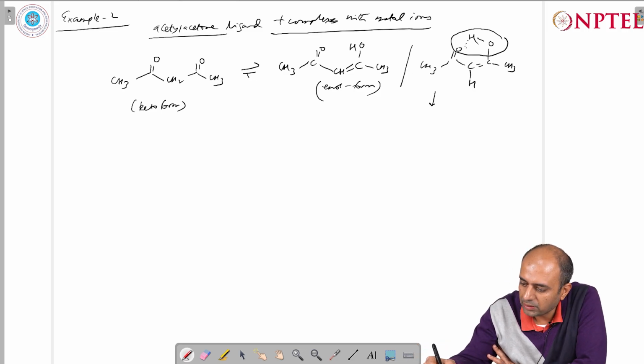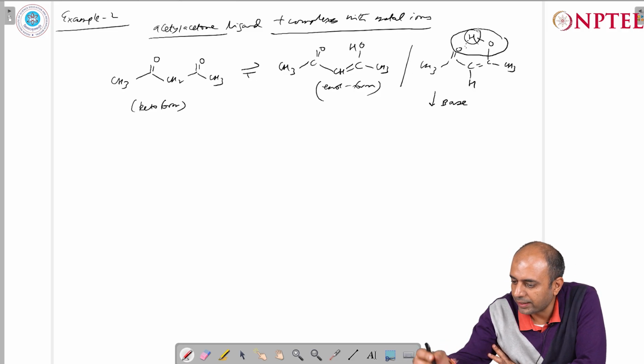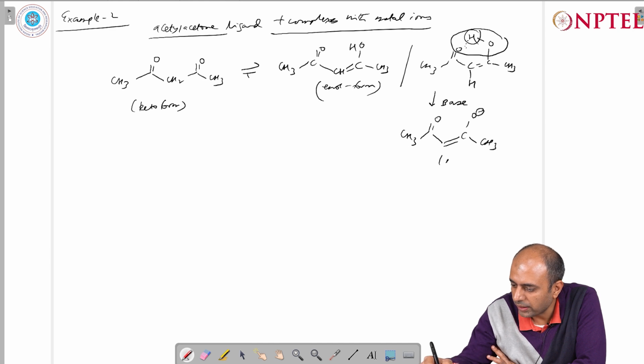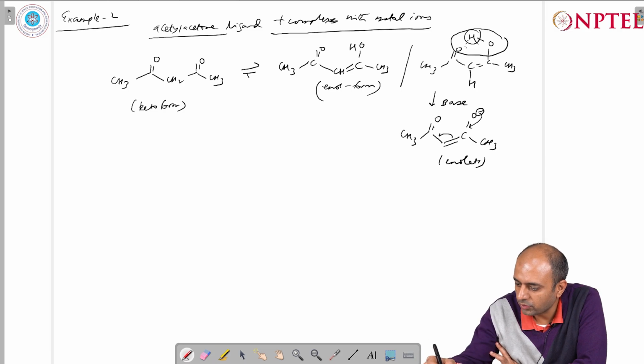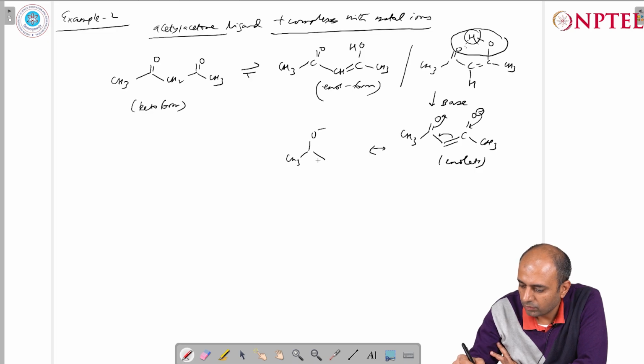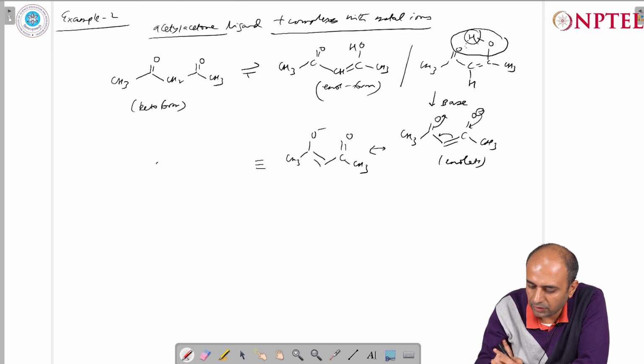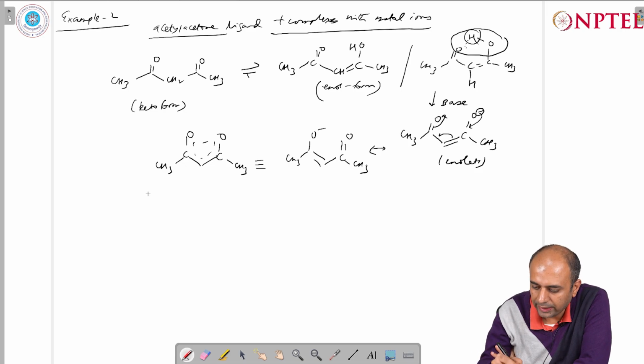Now, in the presence of a base, we abstract this acidic hydrogen and it forms the enolate, and we know that the enolate is resonance stabilized. So, we use the resonance symbol now. So, we can write this effectively as, so this is the acetyl acetonate ligand.